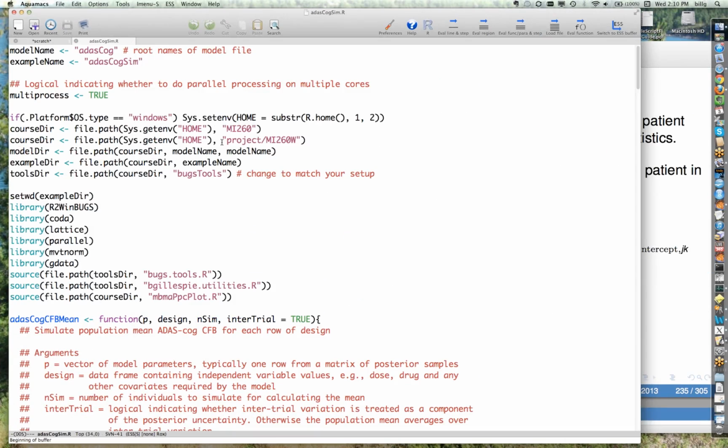Okay, so the approach here, like we've done in some of our other simulation cases, will be to go out and grab the posterior samples.